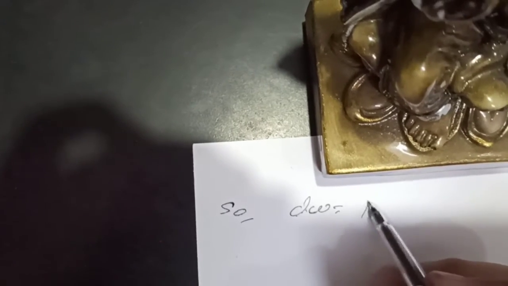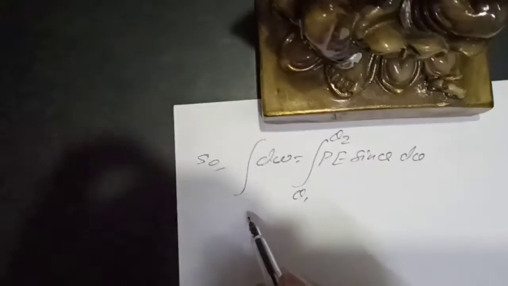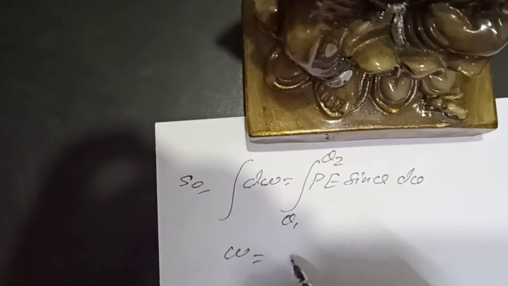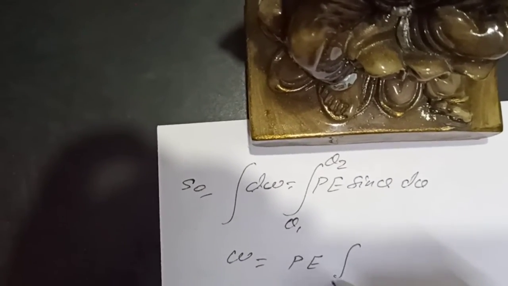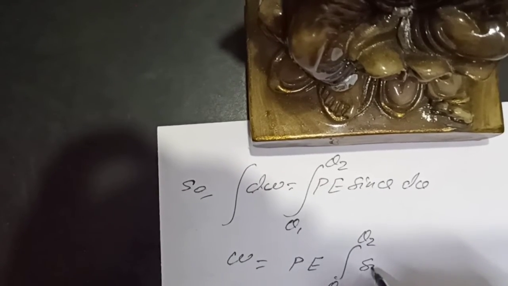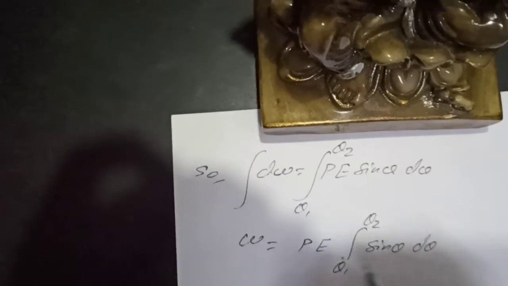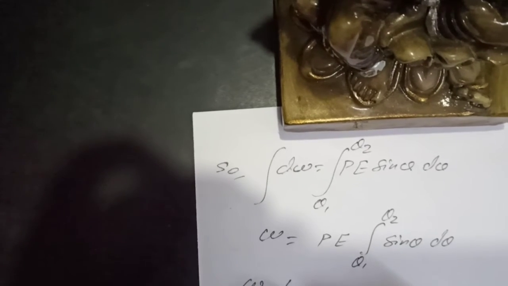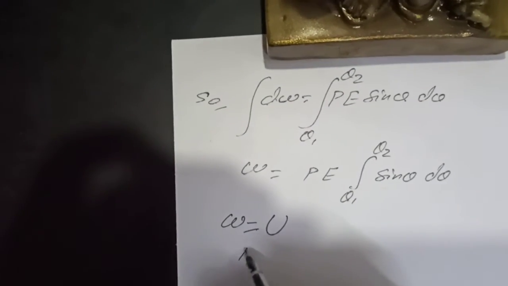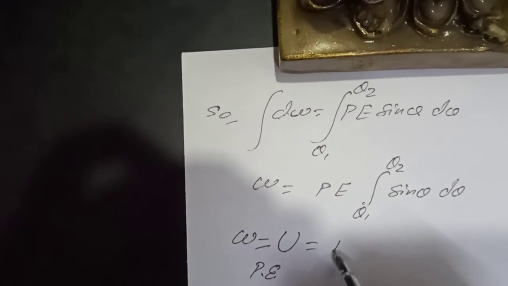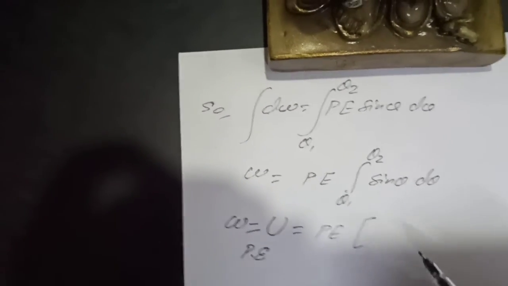So dW is equal to PE sin theta d theta, integrating from theta 1 to theta 2. dW becomes W, PE comes out as it is, and the integral of sin theta d theta from theta 1 to theta 2. W we use as U for potential energy. What is the integration of sin theta?